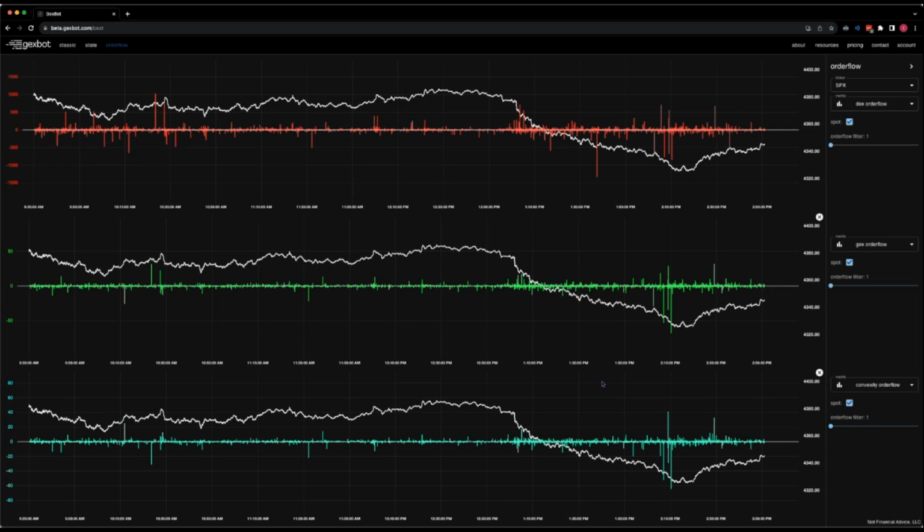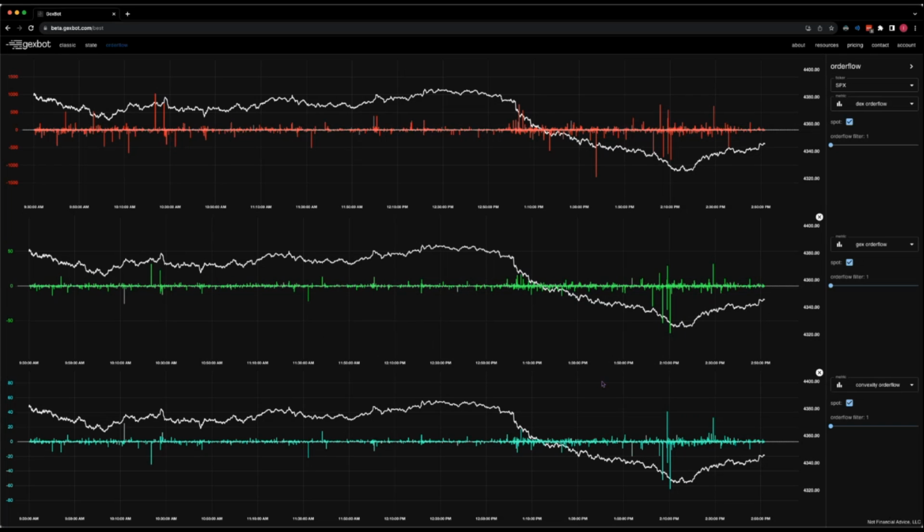So then moving on to convexity order flow, that's something a little different. This is something that we discussed quite a bit. What's the difference between GEX and convexity, or what does convexity really mean? Generally, and this is tied into the assumptions that are made about options trading with GEX, GEX is more directional.